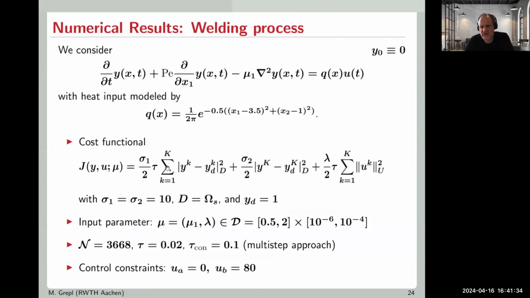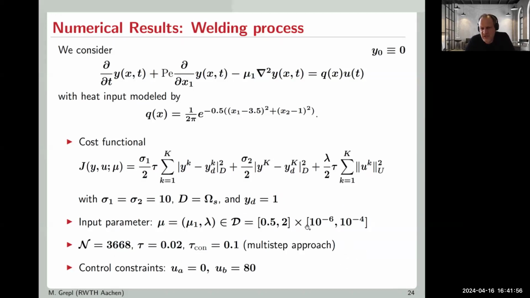Our cost functional, again, is the tracking type cost functional. Here are the parameters: our input parameter mu 1, the diffusivity, and again the regularization parameter. In this case, we also consider control constraints. I did not mention control constraints before, but you can extend to them.